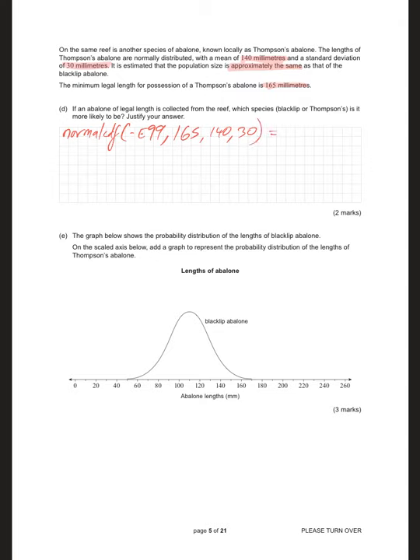Second vase, normal CDF, second comma for E, I need to do the negative sign, second comma for E again, 99, 165, 140, and 30. It is 0.7977 to 4 dp, therefore 79.77% are shorter than the minimum legal length.